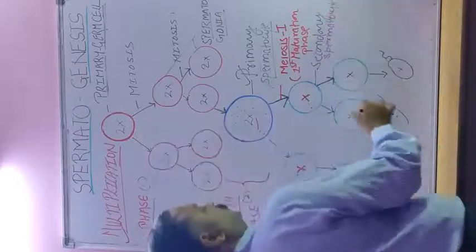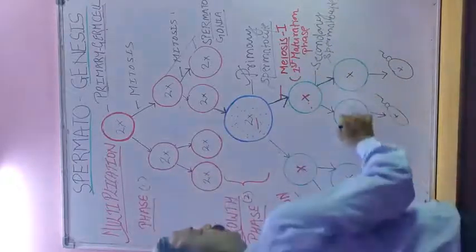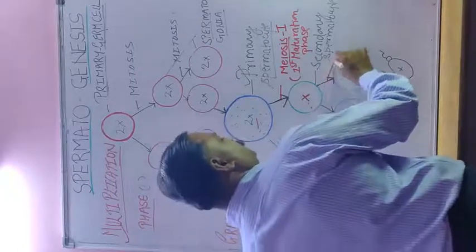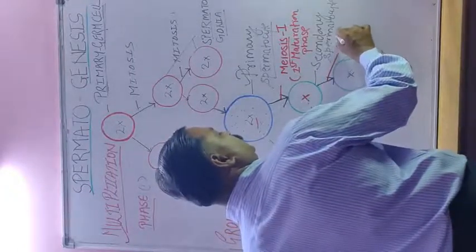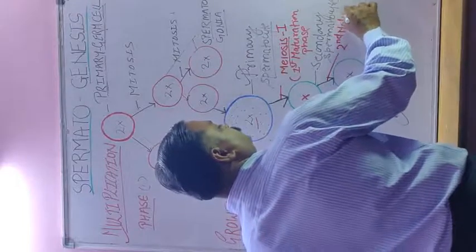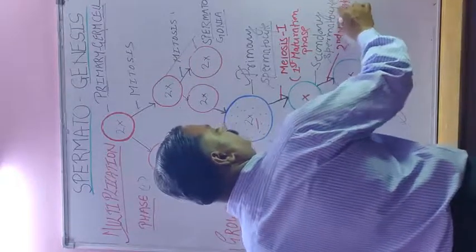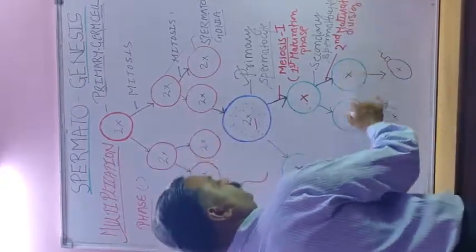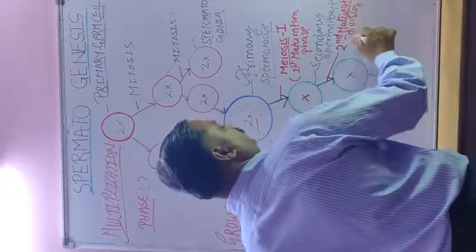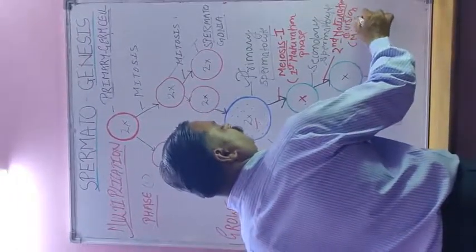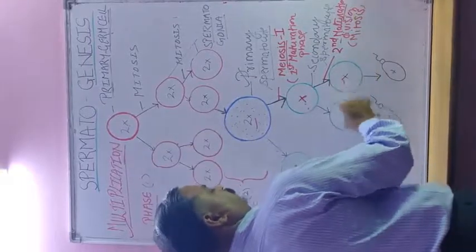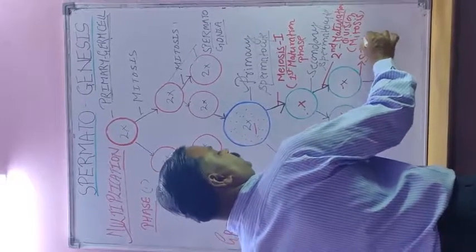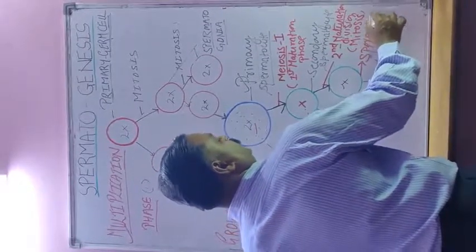Now ultimately, this secondary spermatocyte will go for meiosis second, that is the second maturation division, and this will become this cell. Because it is the second maturation division, and that is mitosis, the number of chromosomes will be the same, XX, and this is called a spermatid.